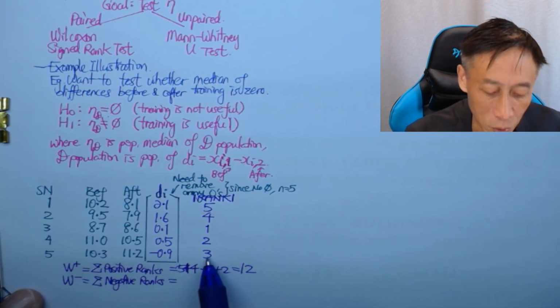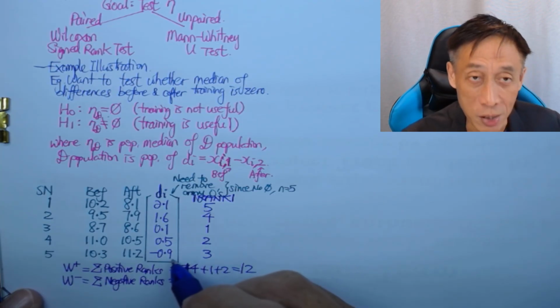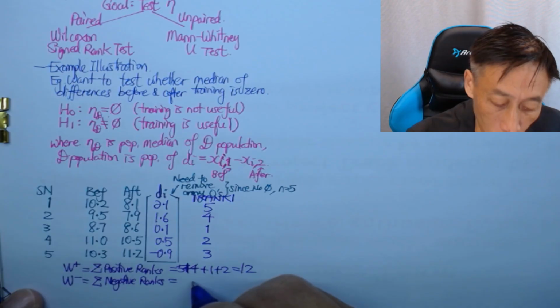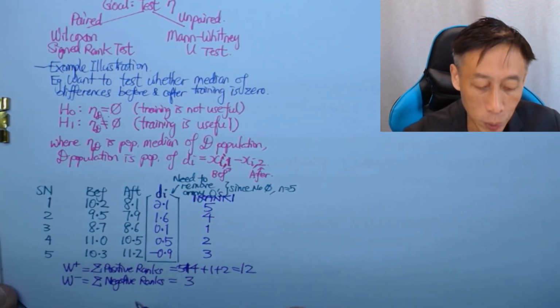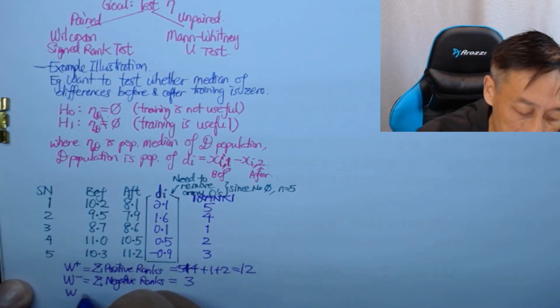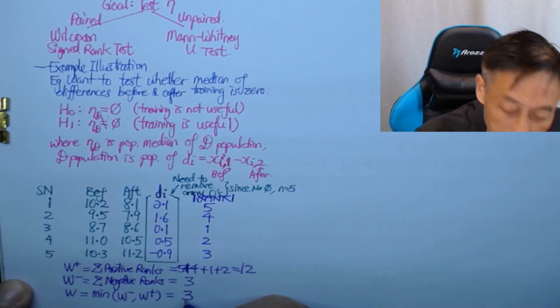We still add the positive value here, but it's the rank associated with the negative input data. So we put down 3, and that's it. We now have 2 numbers, W plus and W minus, and our test statistic is the minimum of W minus and W plus. So we get 3.